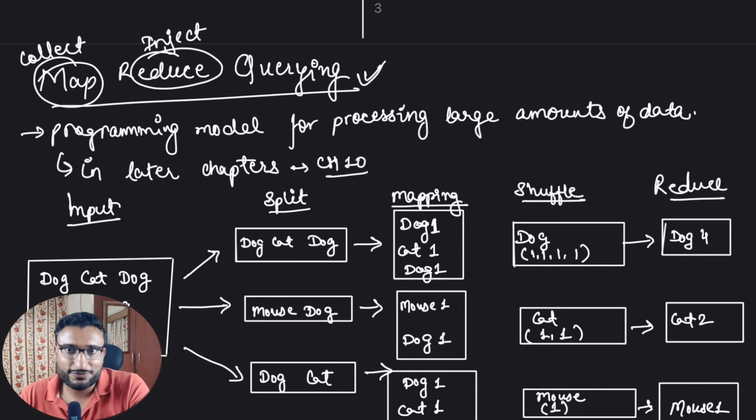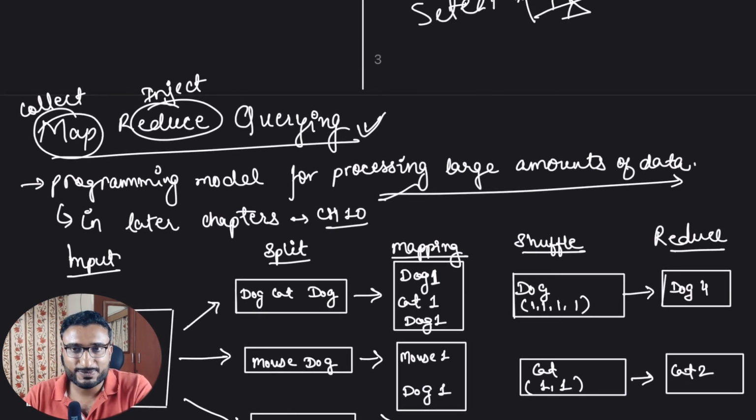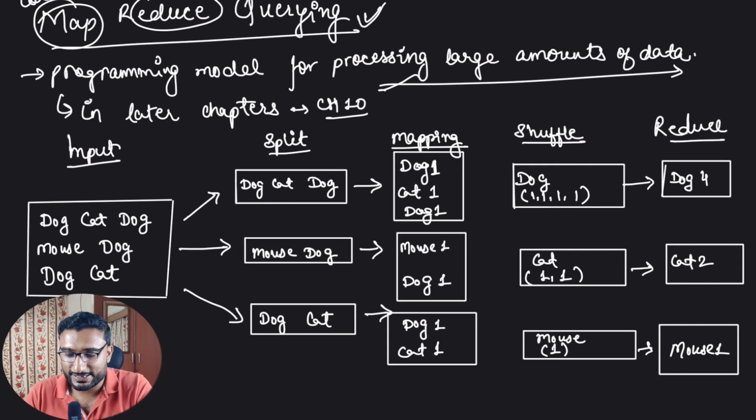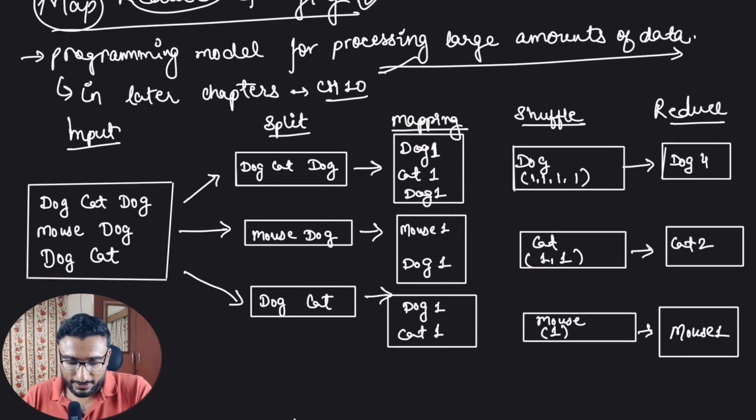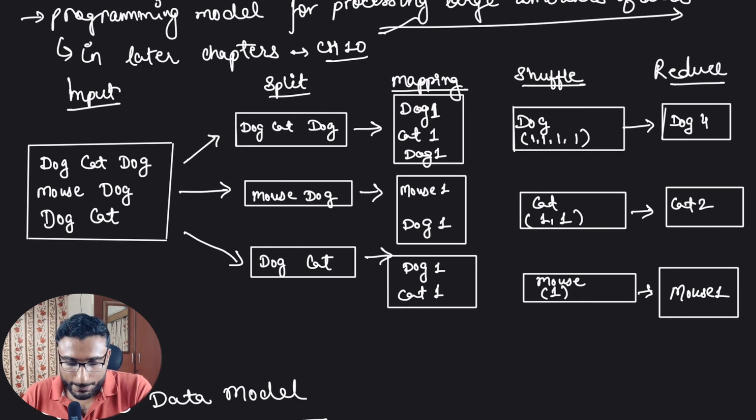If we take the general idea, it is used for processing large amounts of data. Map is basically collecting the data, and reduce is basically combining the data. Map means you are mapping, and reduce means you are combining it back again. Let's take this example. Let's say this is your input: dog, cat, dog, mouse, dog, cat.